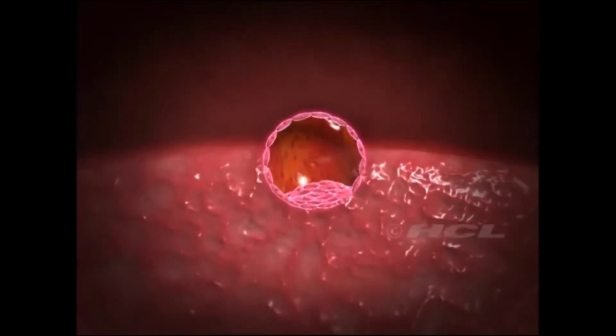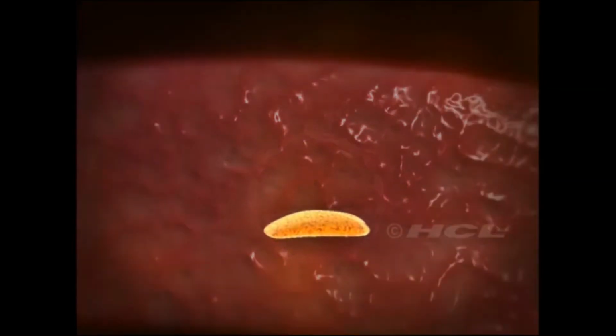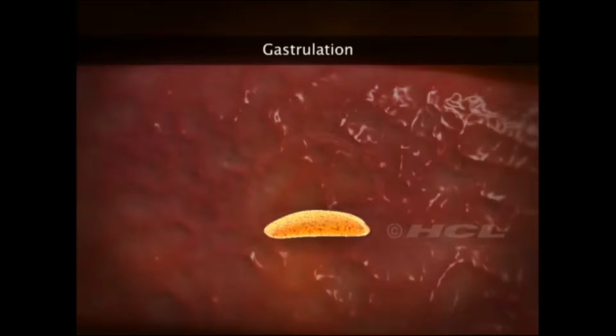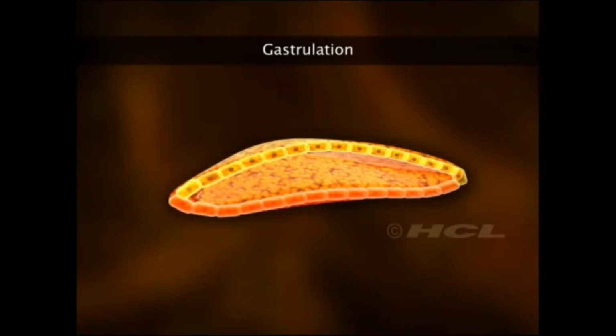Immediately after implantation, the inner cell mass of the blastocyst starts differentiating to form the primary germ layers. This process is called gastrulation. The cells of the inner cell mass migrate, divide and rearrange into an outer layer called the ectoderm and an inner layer called the endoderm.